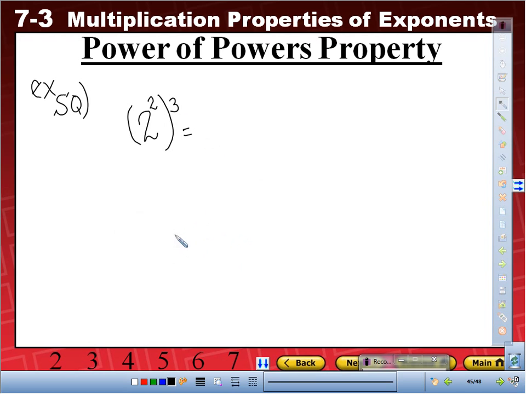Pens down. Okay, here we go. So, what does that property say? I'm going to leave a little bit of space here, and I'm going to simplify it over here. Think about it. What did I just do to those numbers?